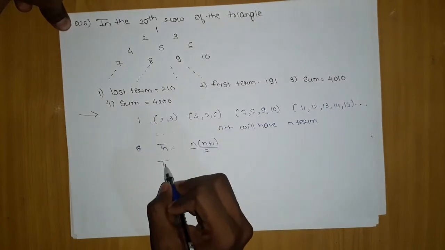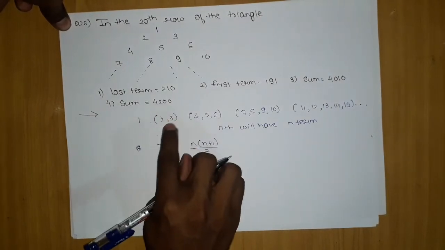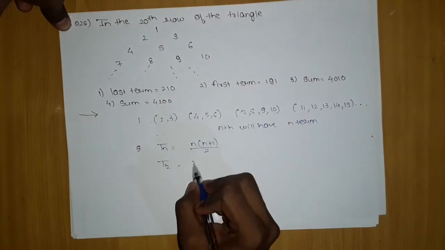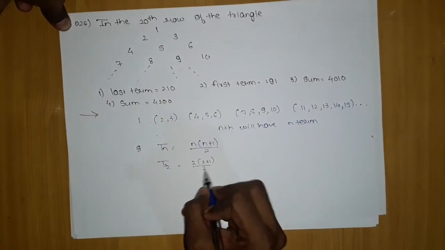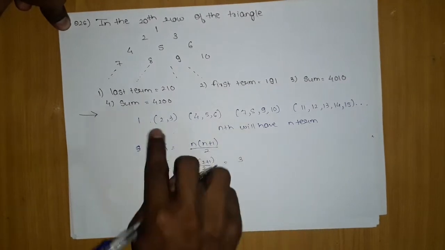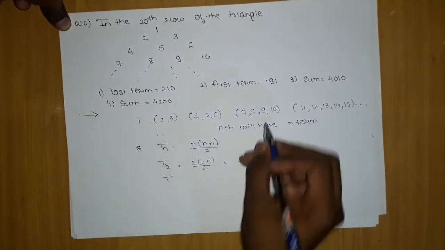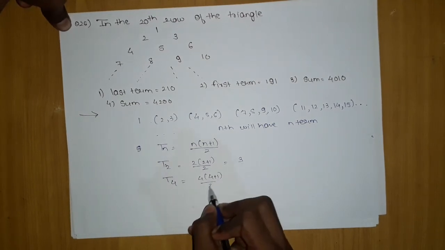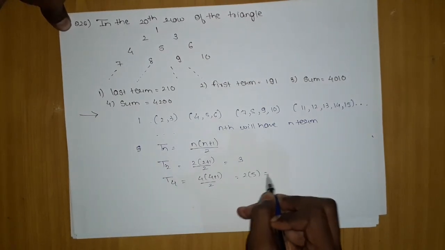Now we will check whether this Tn gives me the answer. For the second row, if I put n equals 2, can it give me 3? 2 into 2 plus 1 by 2 gives me 3. Can I know the last term of the fourth row? 4 into 4 plus 1 by 2 gives me 2 into 5, yes, 10.